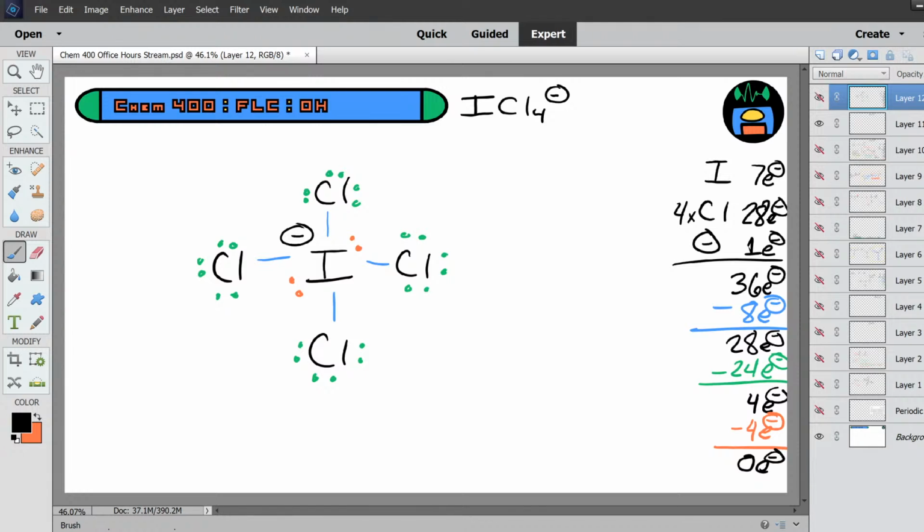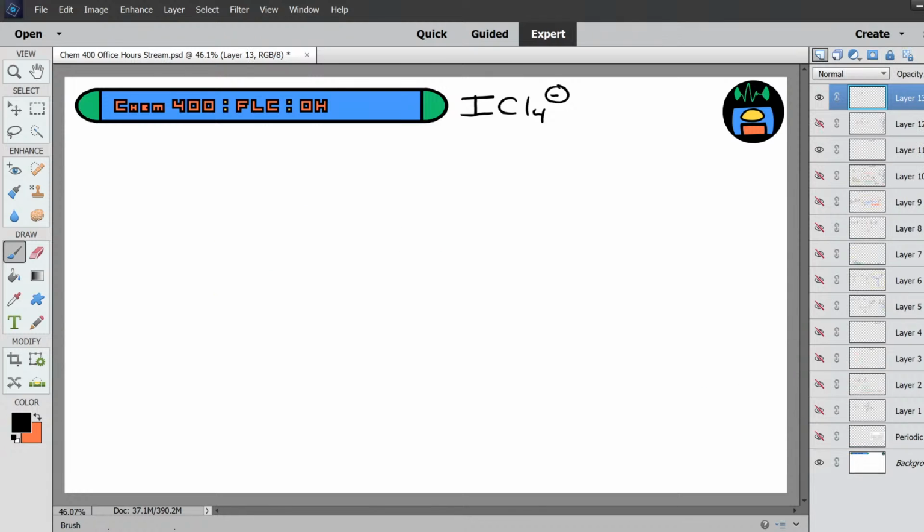All right, so I'm going to open up a new slide where we're going to evaluate a couple of the different options and hopefully understand why giving both lone pairs to our central iodine is the best option for our 2 extra lone pairs.